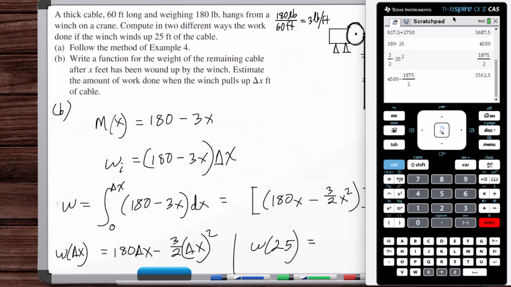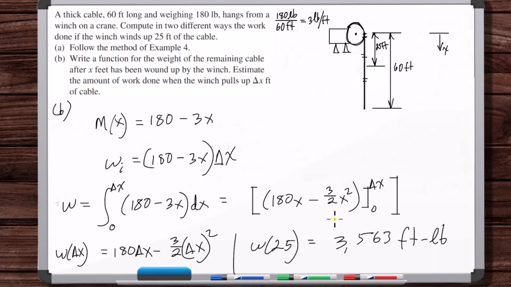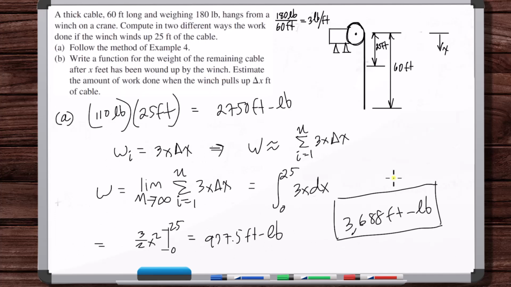So 3563 foot-pounds. Now comparing that to part A, this is 3688. So why wouldn't they be the same? I mean, it's close. So I wonder if it has to do with this here.